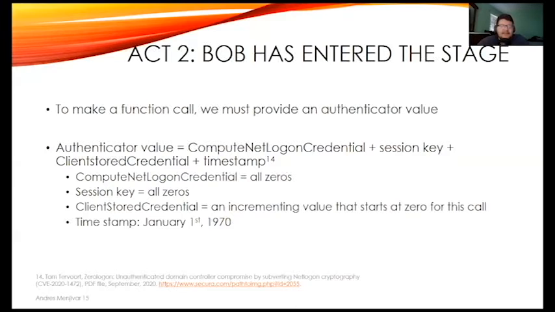Now, our timestamp is what's interesting, because in this scenario, we're actually able to select a timestamp of our choice. So what attackers normally do is select a timestamp of January 1st, 1970, which will give you a returning value of 0. Once we've done this, we have provided an authenticator value of 0 for this user, and we can successfully make this function call.